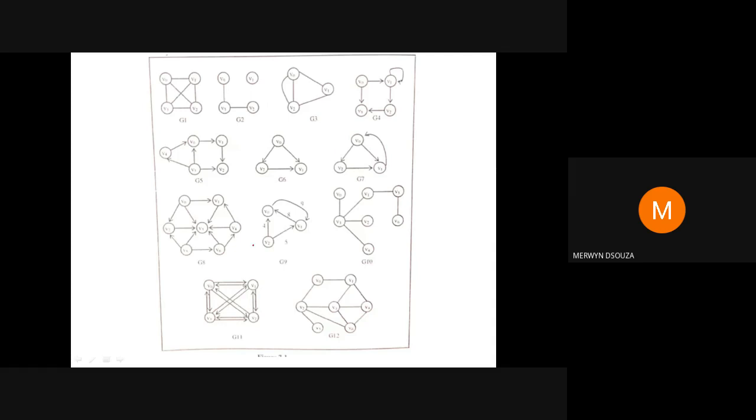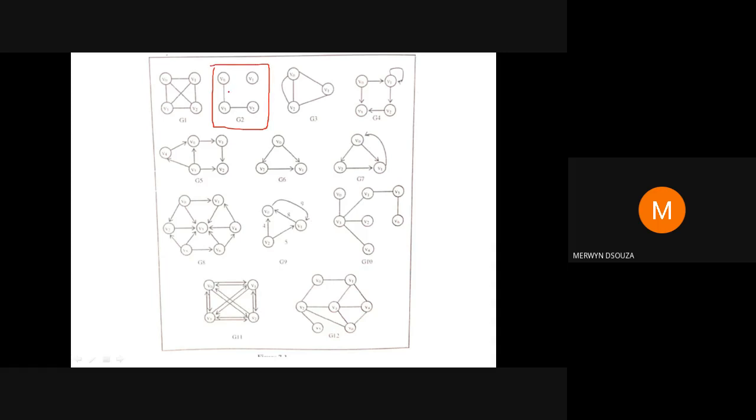The next definition that you need to know is adjacency. Adjacency is a relation between two vertices of a graph. A vertex V is adjacent to a vertex U if there's an edge from vertex U to vertex V. Let's consider this graph.